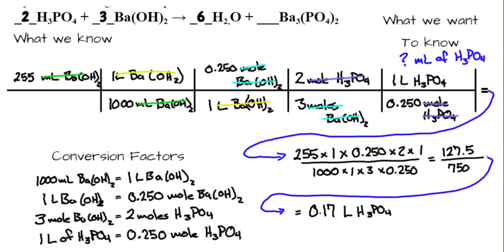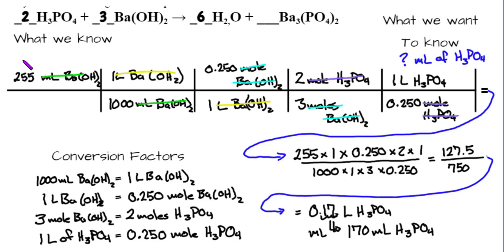But if I want to turn it into milliliters, I can shift the decimal point to the right 3 times for milli. So that's 0. Whoops. So that means that the decimal place keeps going that way. So 170 milliliters of H3PO4.